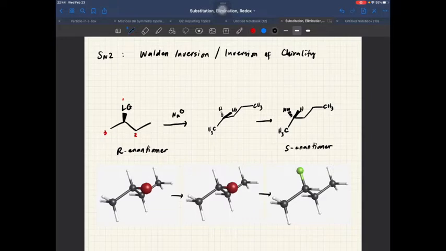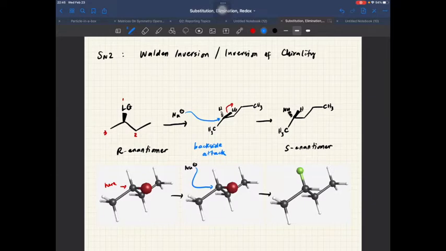So in an SN2 reaction, the nucleophile attacks from the back, meaning it will attach itself from this position to push away this leaving group. So the nucleophile will attach here. This is what we call backside attack because it attacks from the backside position.